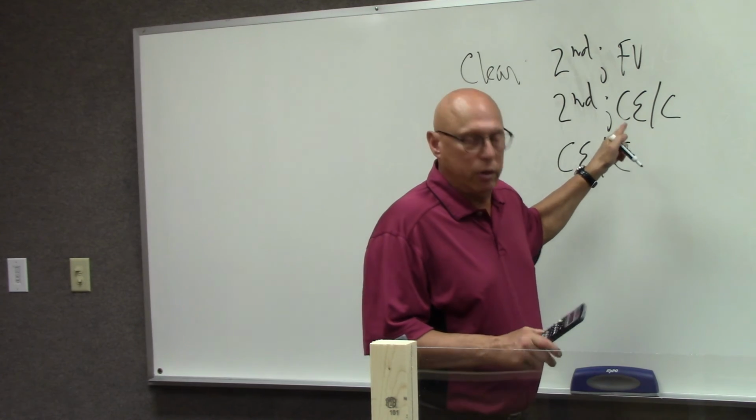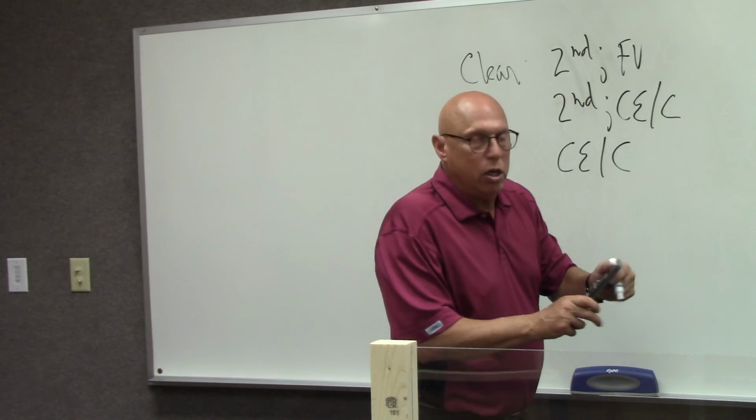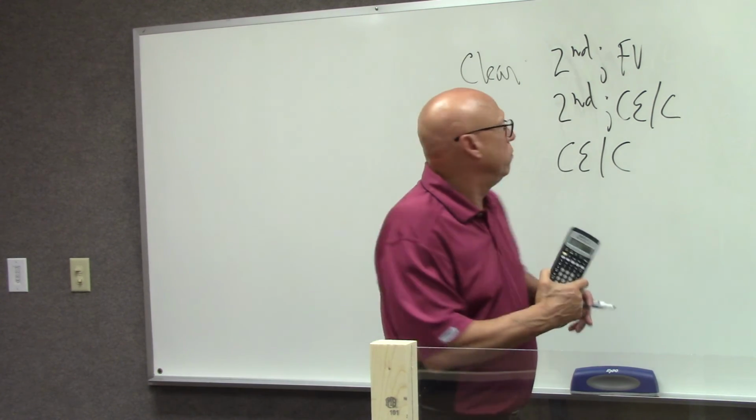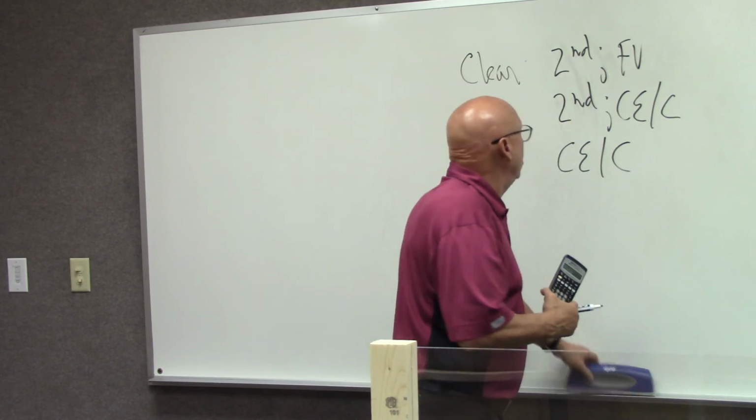That's how you clear out the calculator. If you just hit CEC, you'll get 0, but you haven't cleared the calculator out. There's still numbers stored in there, and you'll get a wrong answer.